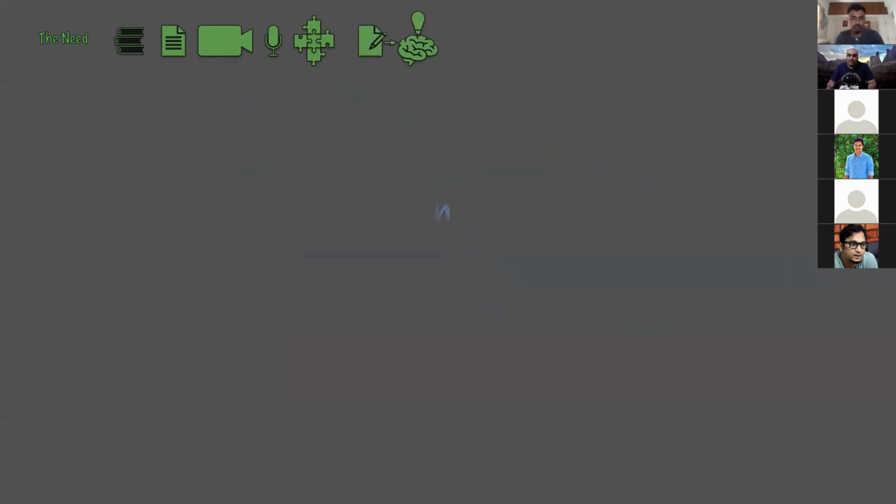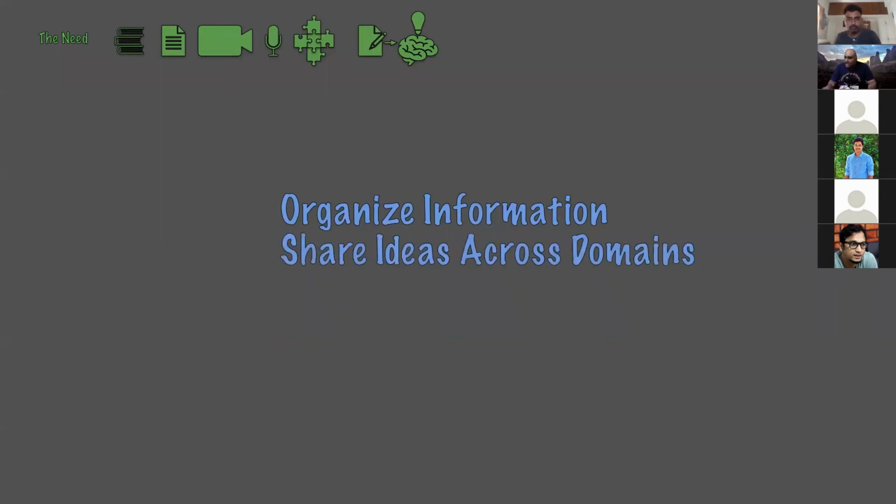Organizing the information that I'm receiving, thereby where I can share the ideas across domains, identify patterns, see how one idea relates to another, and generate some insights that are useful for me and the rest of the people around me. Fair enough. Now, there are multiple ways of doing this.